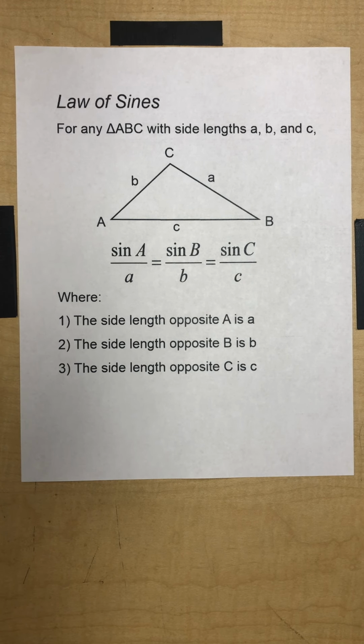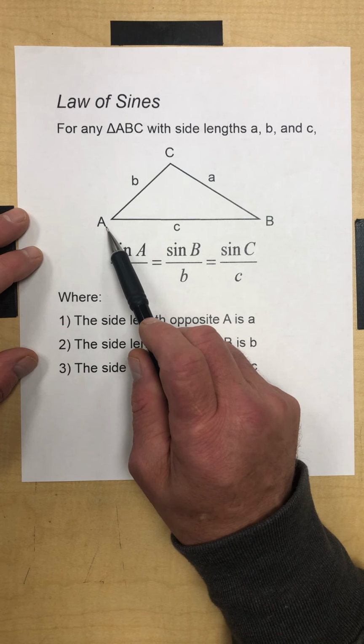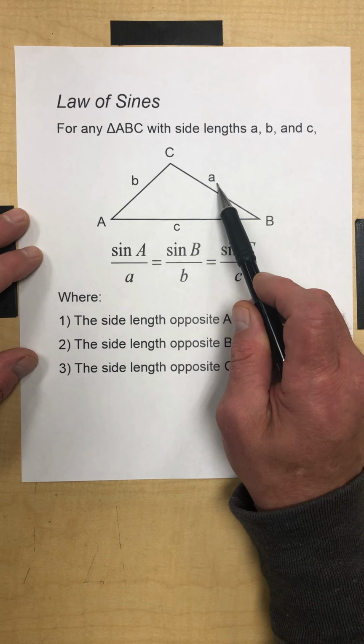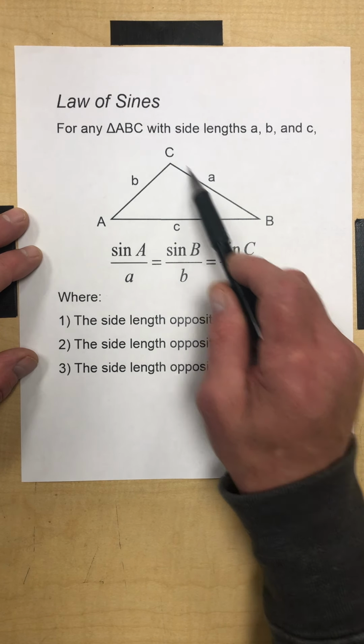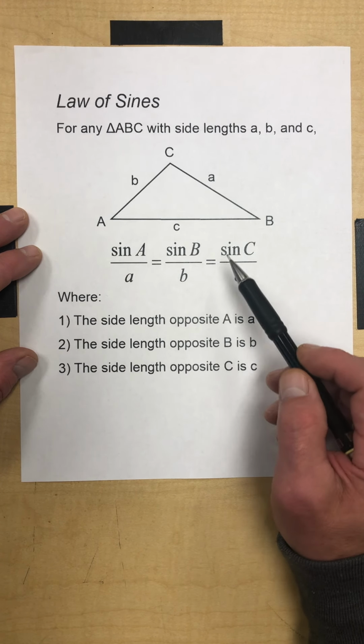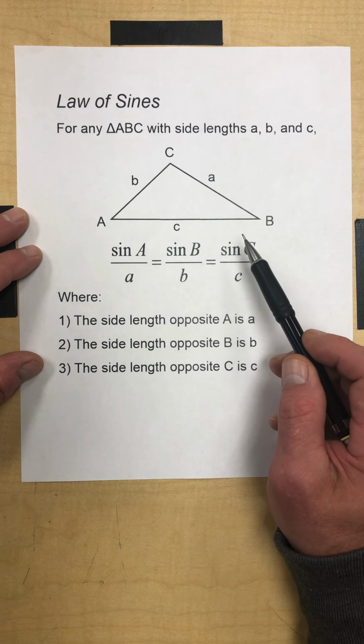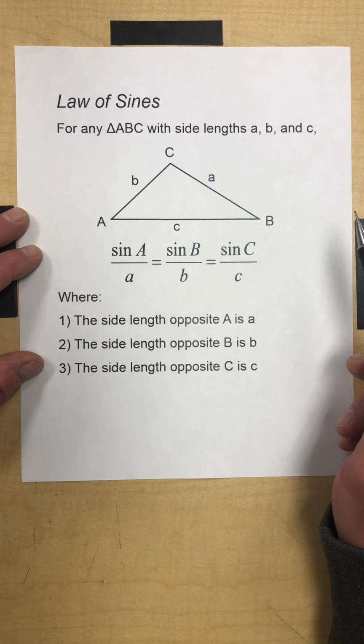So the law of sines, and this happens in any triangle at all. If you take the sine of an angle and put it over the length of the side opposite, we'd have the sine of angle A over this little a, which is side BC. Those three ratios have to be the same in any triangle.